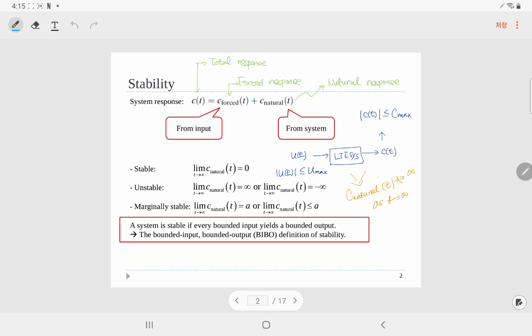Then think about the definition of instability in a similar manner.